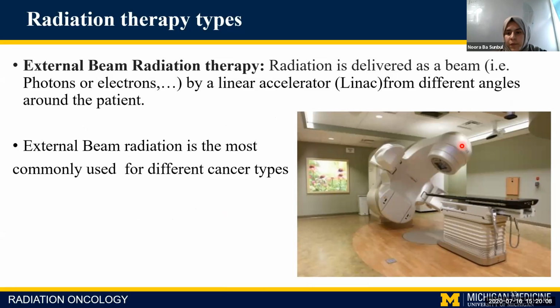The type of radiation could be photons or electrons, which are the most commonly used types. Protons and heavy ions have also become of interest currently. External beam is the most commonly used type of radiation therapy, and it is used for treating various types of cancer.